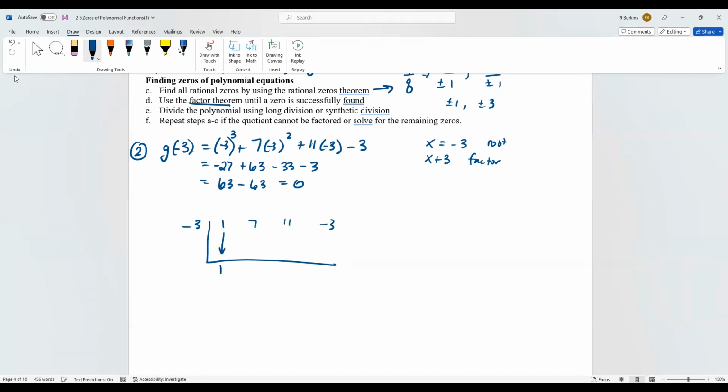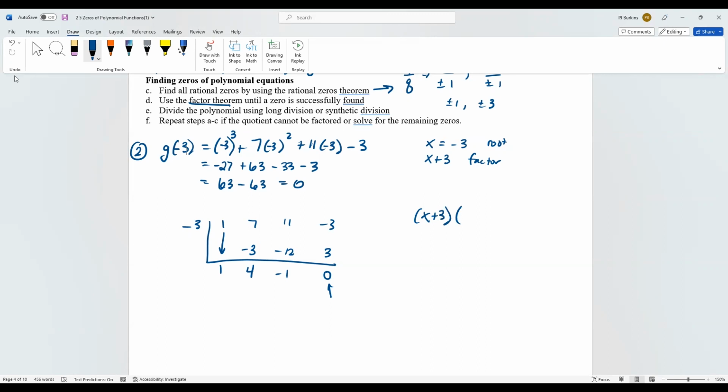Bring down the first value, multiply, add down the column, multiply again, add down the column. -3 times -1 is going to be +3. That's fantastic because we get a 0 for the remainder. That tells us that we're on the right track. So we have x plus 3 is one of the factors.